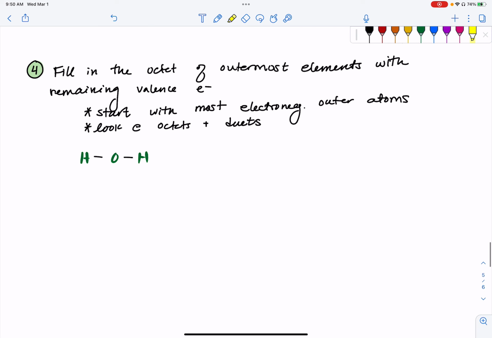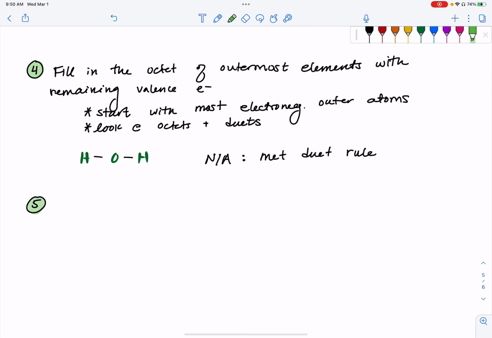So for me, I can't add any of my valence electrons here, not applicable to my outer elements, because I've already met the duet rule for hydrogen. So I can't overburden them with electrons.